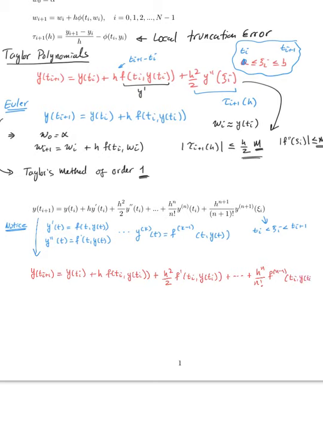Okay, and then finally the truncation error, which is this, where we already know that xi i is between ti and ti plus 1. So that's true there, and it's true here.